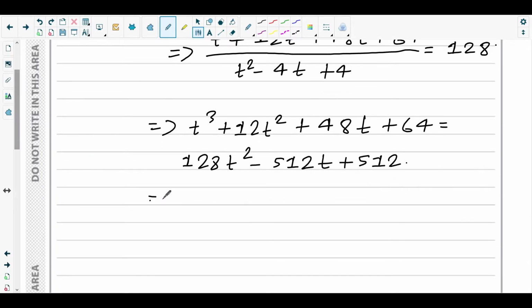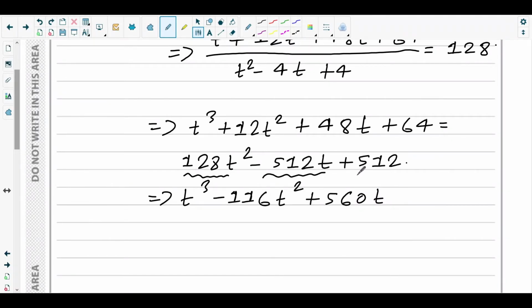So take 128t squared to the left side, so that would be 12 minus 128, that is negative 116t squared. You got negative 512t on the right side, take it to the left, so 48 plus 512 would give you positive 560t. And then you got 512, so take it to the left, so 64 minus 512 is basically negative 448. This equals 0.